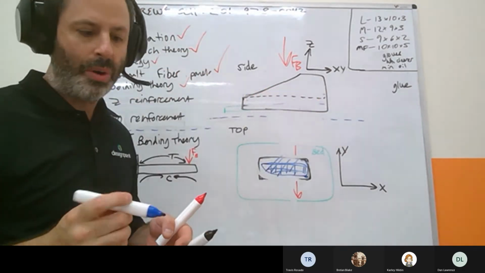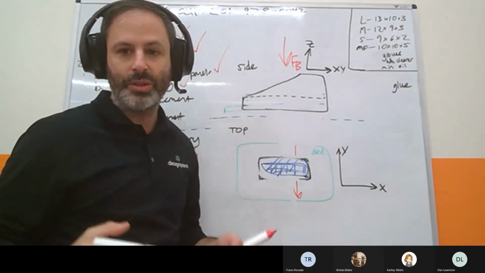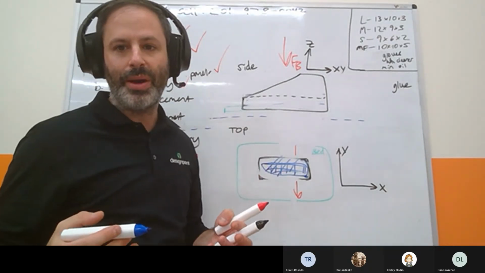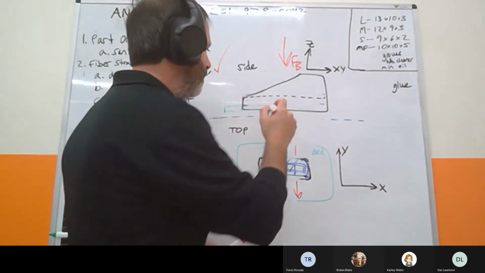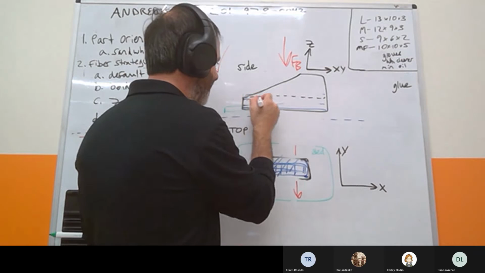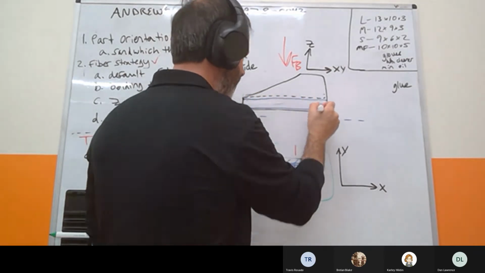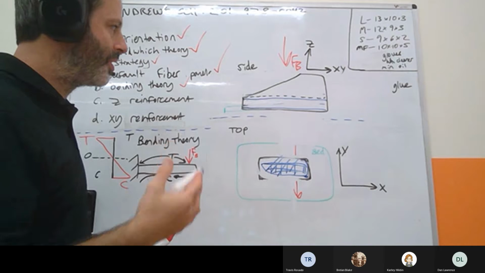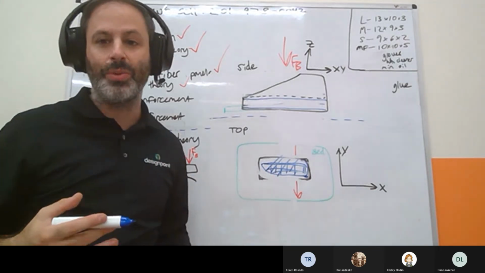On the bottom of the part, what you would do is those fiber panels, like I was talking about, that have the cross hatching in them. So put one on the bottom here and one on the top of this other area. One important thing with these panels is that they're even.